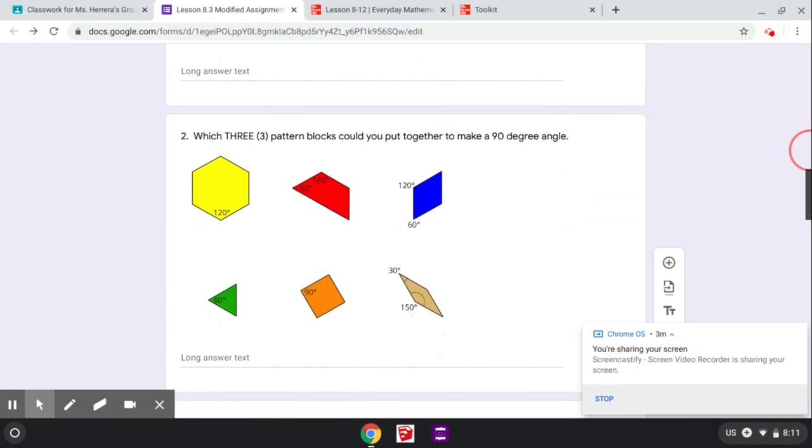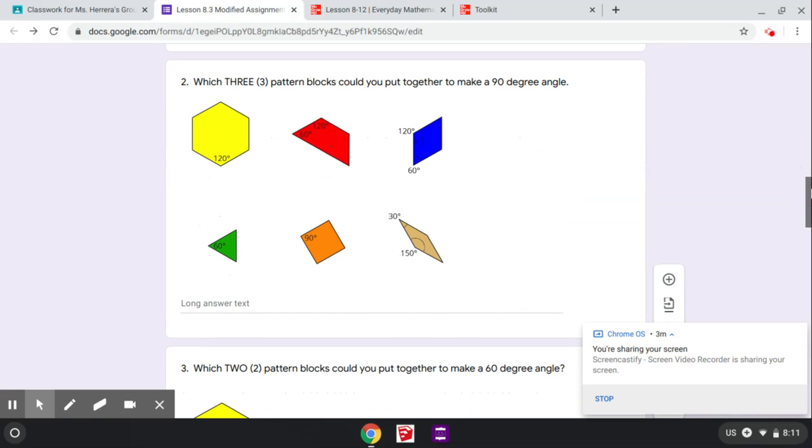For number 2, okay, Carlos and David, I know you said that there was no answer for this question because the question is which 3 pattern blocks added together equal 90 degrees? Well, I know it's a little confusing, but you can actually use the pattern blocks multiple times. So the answer for this question was actually 3 of the small rhombi, because 30 plus 30 plus 30 equals 90 degrees.